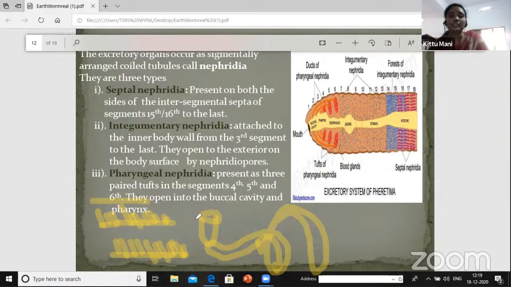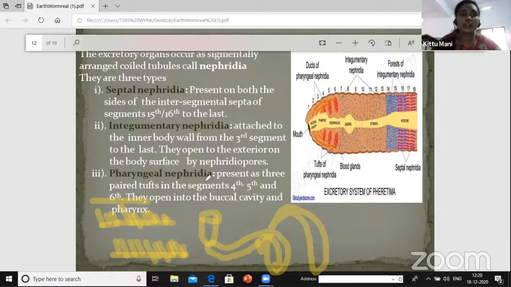Here the nephridiophore is present at the integumentary nephridia. This type of nephridia is called open type nephridia.